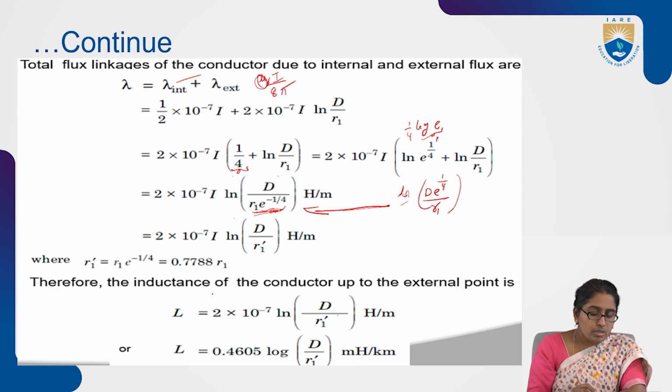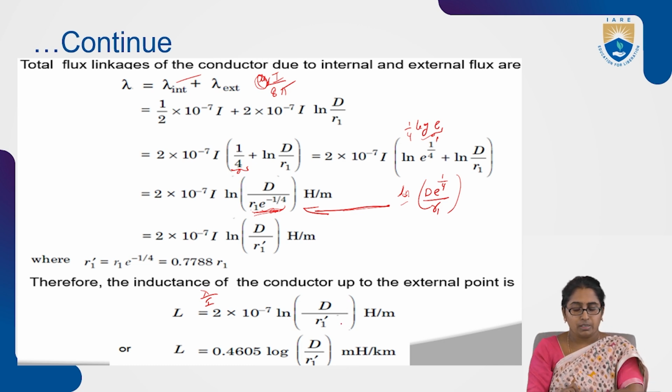Now finally, write down the inductance expression from this. We know that inductance is given by flux linkages by current. So here I gets cancelled, giving 2 into 10 power minus 7 into log of capital D by r dash, or r1 dash.